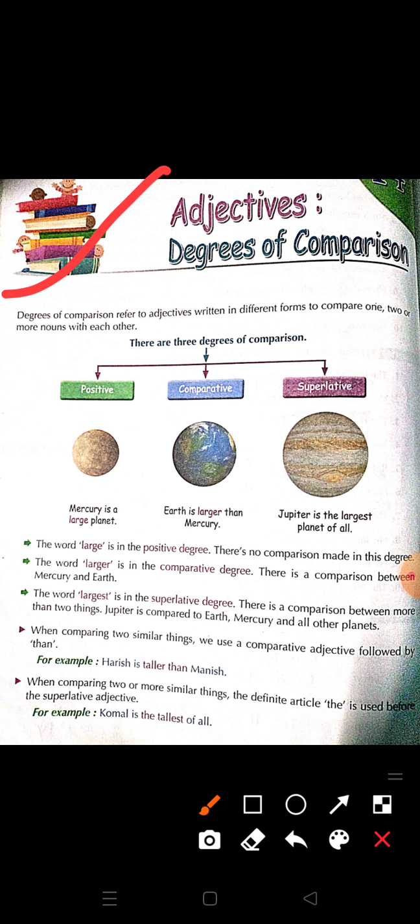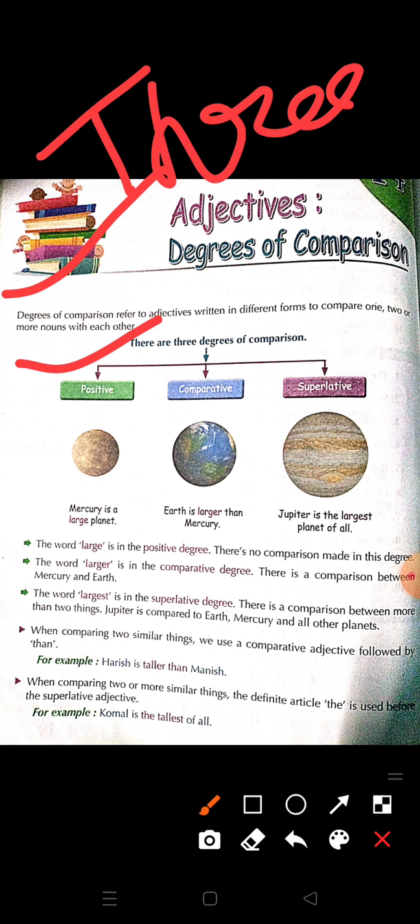Here what we do is use different forms of adjectives to show the degrees of comparison. Okay, so let us understand with the help of examples. See the first example. There are 3 degrees of comparison. So we know that there are how many degrees of comparison? There are 3.